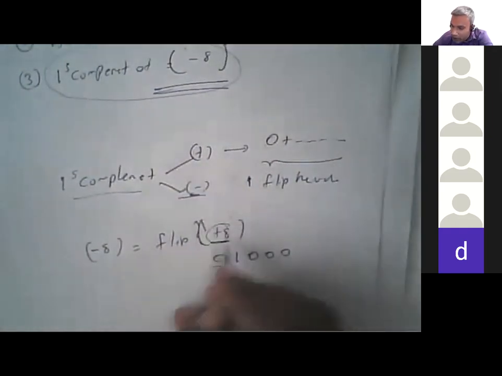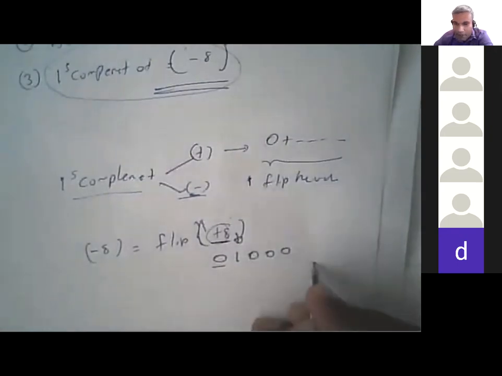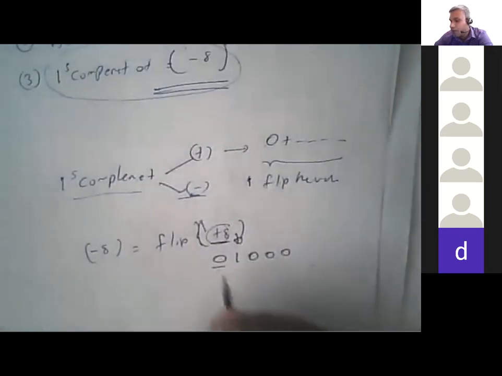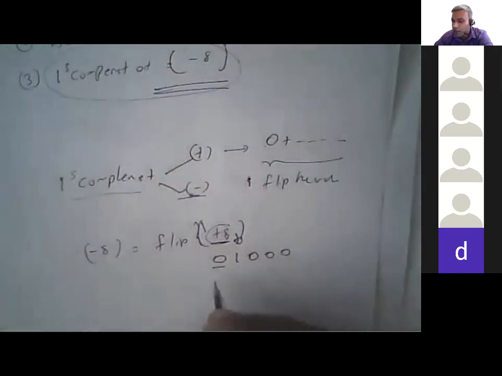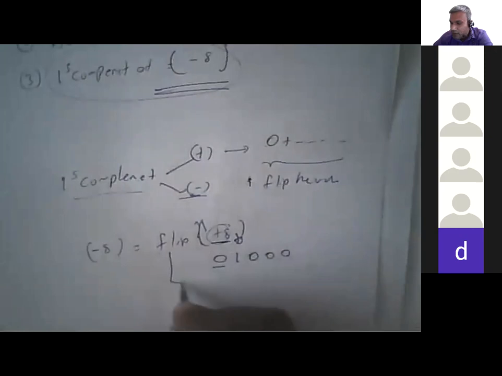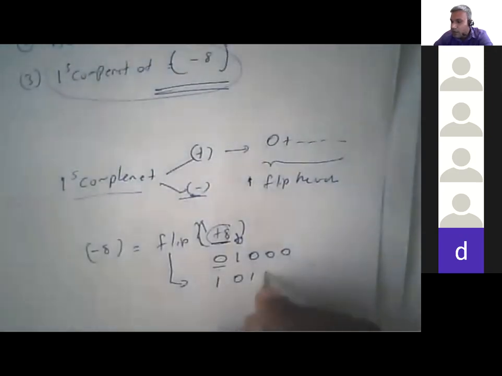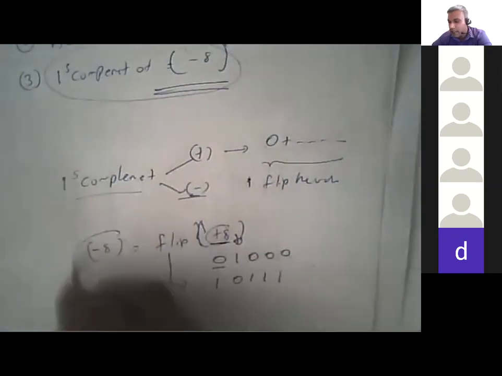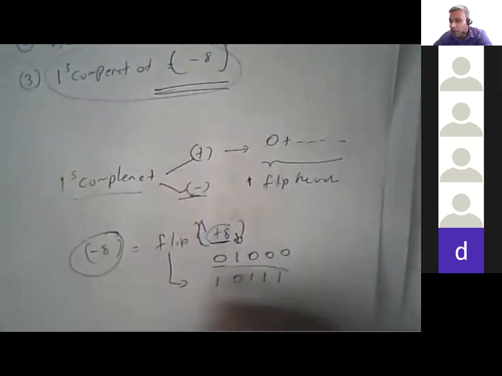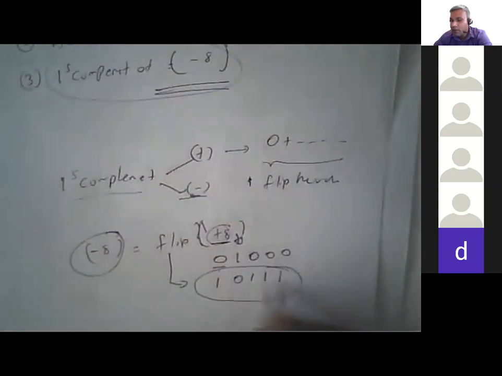So at the moment I am converting +8 into the binary pattern. So it should have a leading 0. You have 0, 1, 0, 0, 0. Then you do the flipping. Once you do the flipping, you end up with 1, 0, 1, 1, 1. So -8 in 1's complement is 1, 0, 1, 1, 1.